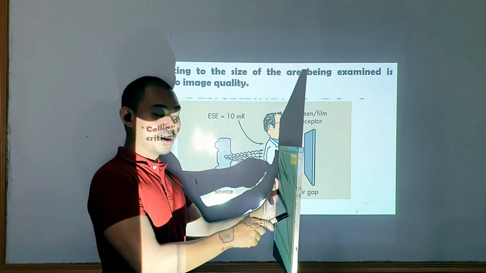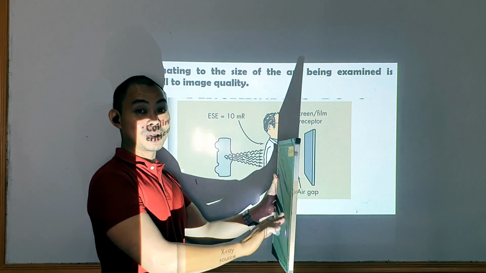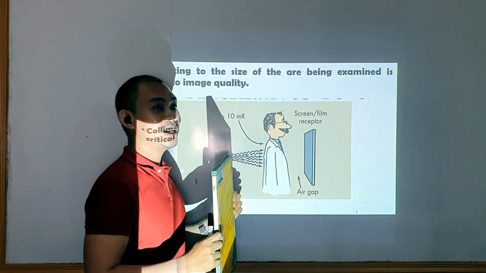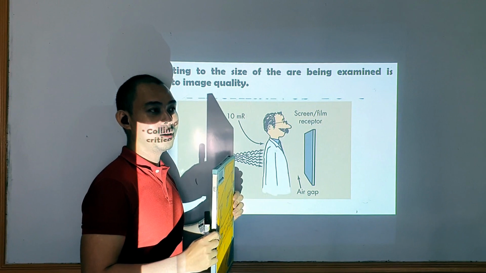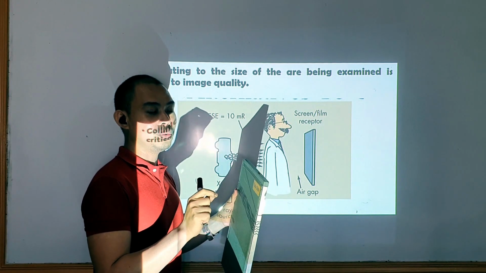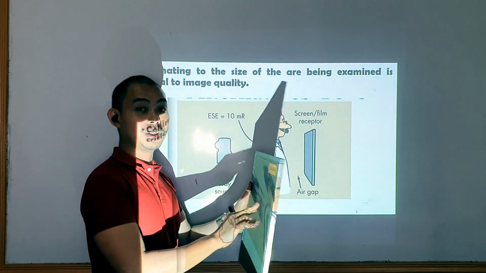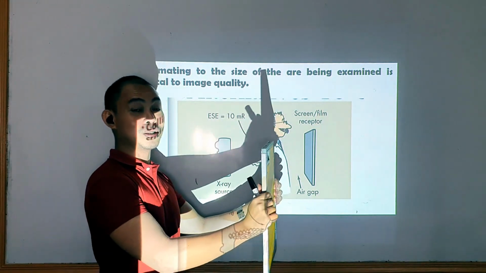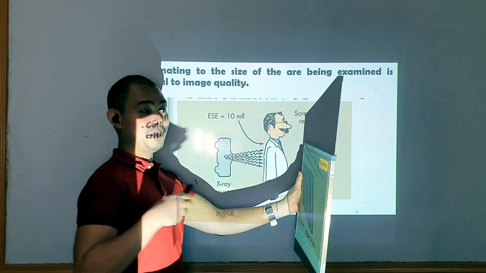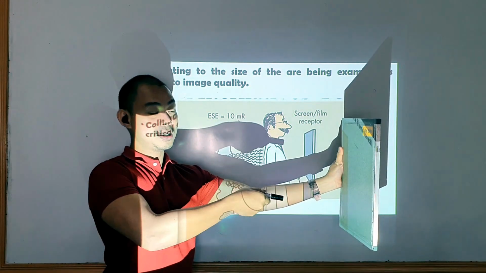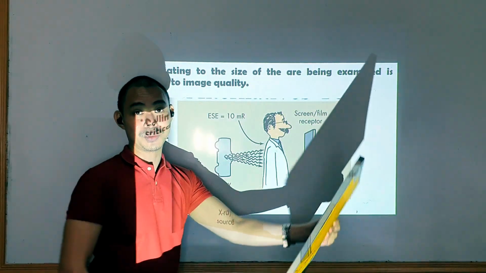It will not go towards your image receptor anymore. It will not reach your image receptor. So if you want to, as much as possible, decrease the amount of scatter radiation that will reach your image receptor, you have to increase this one. Are we clear? Because scatter, if you increase it more, will just stop here. It will not reach your image receptor.